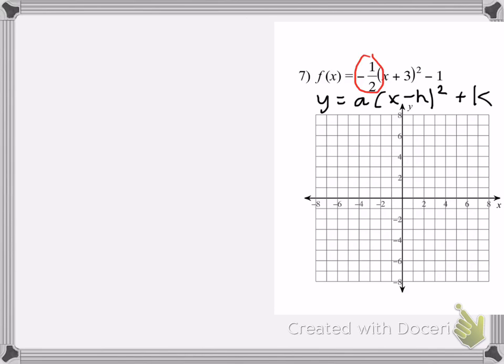And this assignment is asking you first to figure out your vertex. So let's remember that the vertex is always going to be h comma k. So in this example, I have this plus 3 here. So if I match that up with this minus h here, what do I need to subtract from x so that I see x plus 3?